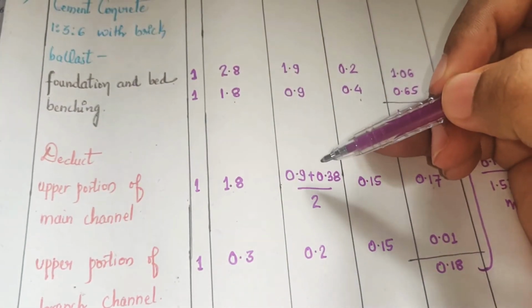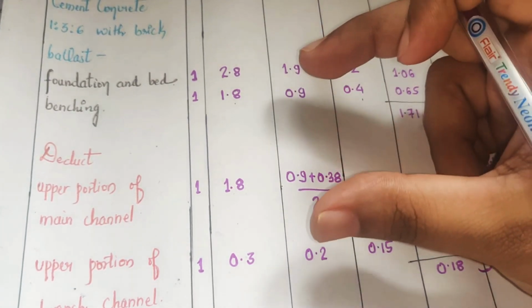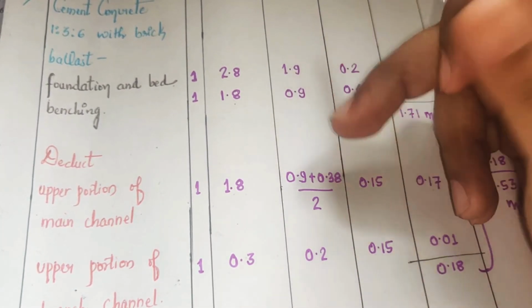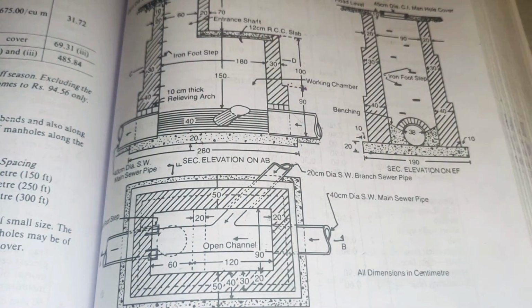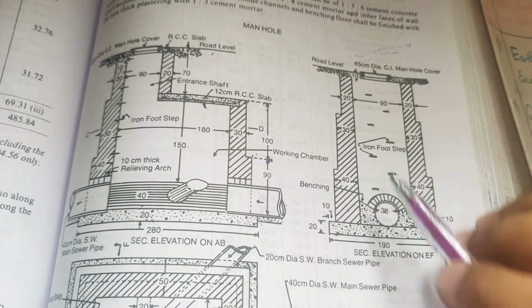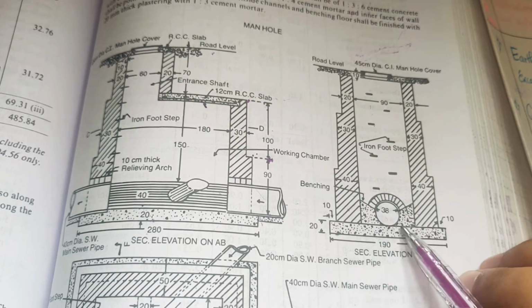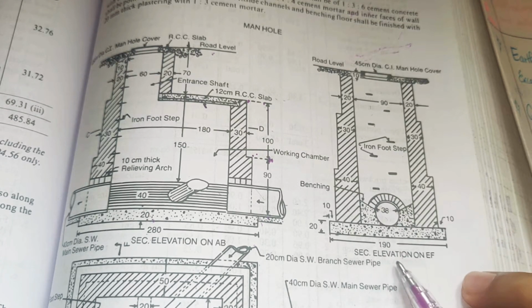You have to take the width as the average of the 0.9 width and the inner dimension of the pipe, divided by 2, that is this portion. So width is 0.9, 90 centimeter, plus 0.38, divided by 2.